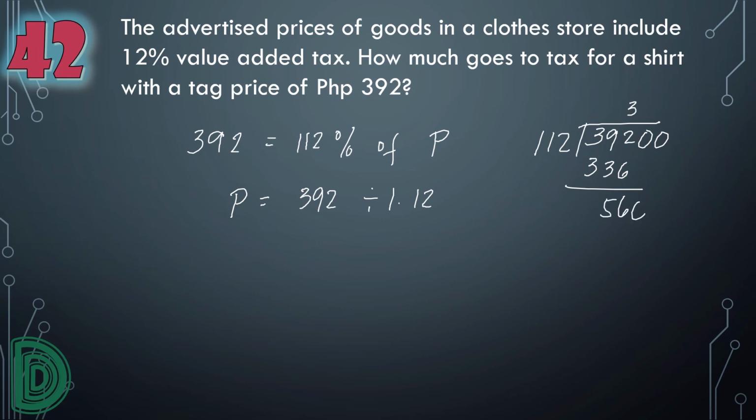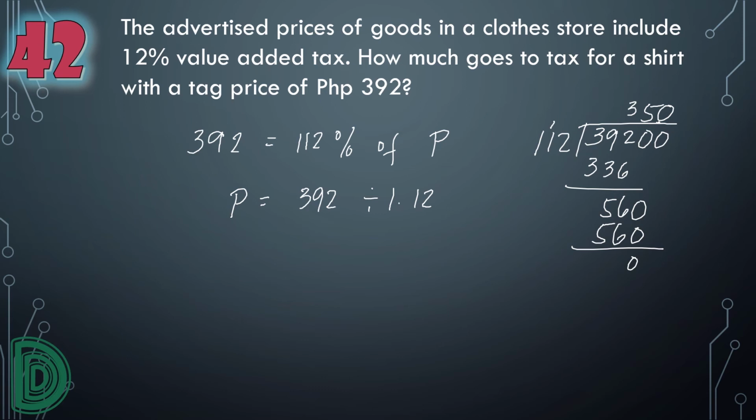And then we have 0. 560 divided by 112 is 5. That is 5 times 2, 10. 5 times 1 is 5 plus 1, 6. 5 times 1 is 5. So there is no remainder. Then we need to move the 0 up.